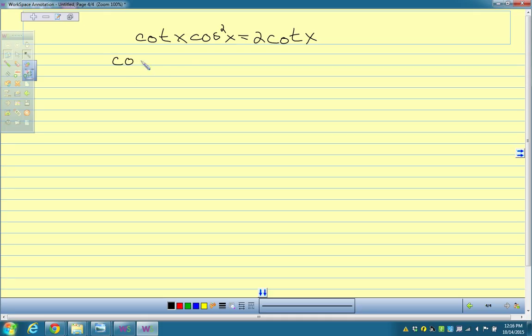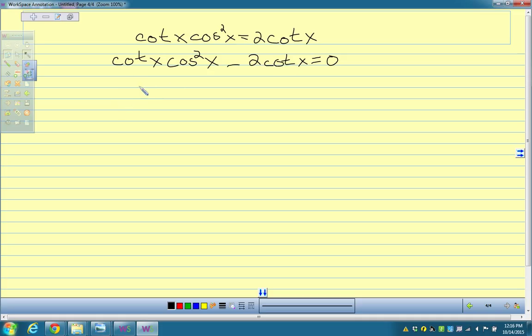So you need to get cotangent of x cosine squared of x minus 2 cotangent of x equal to 0, okay? And then I factor out cotangent of x from both of those. You see that? See what I did?